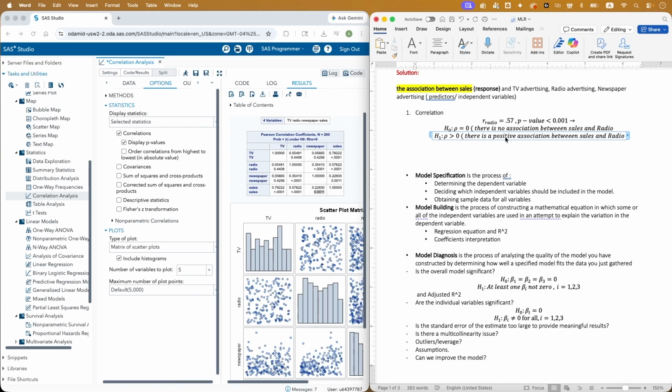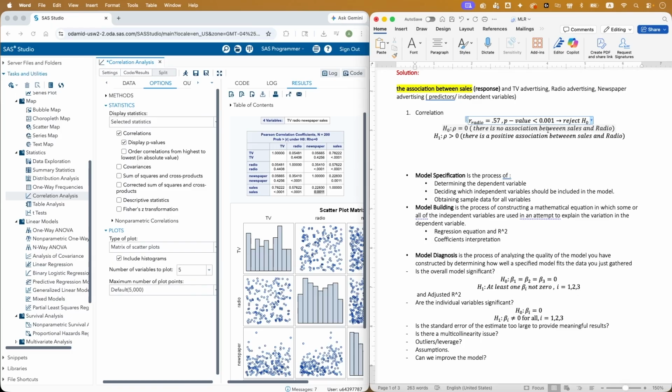There is a positive association between radio and sales. And these are about the population. In this case, we reject the null hypothesis, and we believe that there is a significant association between sales and radio.